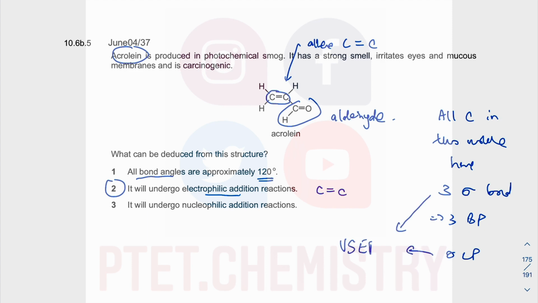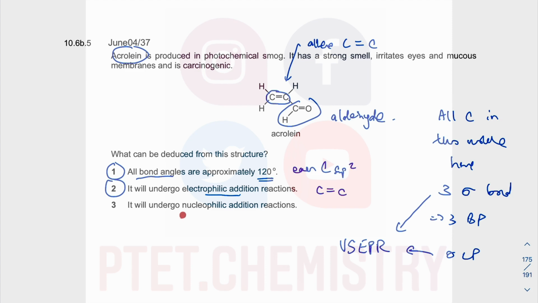Think about your valence shell electron pair repulsion theory. If you don't know what I'm talking about, you should really go back to the topical playlist on chemical structure and bonding. There's topic 3. In there, you will see the concept on valence shell electron pair repulsion theory. That's to do with explaining geometry and getting the bond angle. Each of these is carbon sp2. So carbon sp2 is 120 degree trigonal planar.